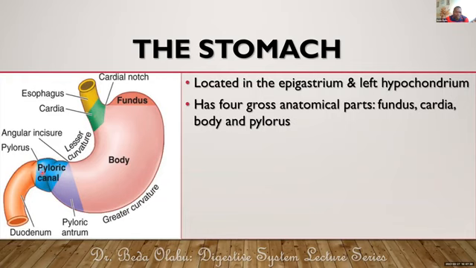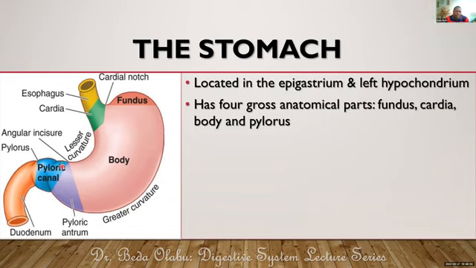And the pyloric region is the lower part that continues into the duodenum. The pyloric region consists of what we call the pyloric antrum, that proximal segment, and the pyloric sphincter, that region that contains the muscle of the pylorus.